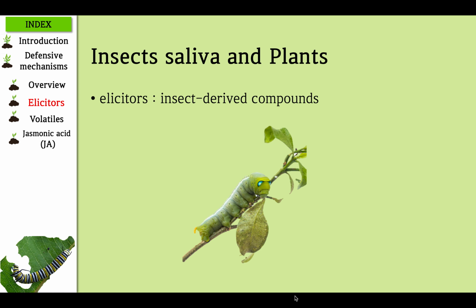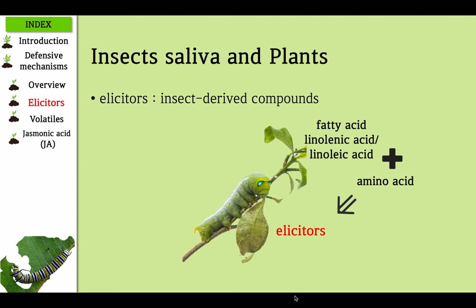First one is elicitor. Elicitors are insect saliva-derived compounds. The insect gut contains amino acid, and when insects are trying to chew the leaf, the amino acid enters the plant, and the fatty acids linolenic acid and linoleic acid in plants combine with the amino acid. This combination makes elicitor.